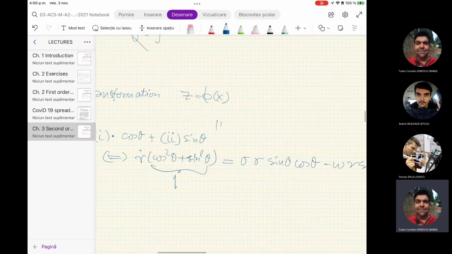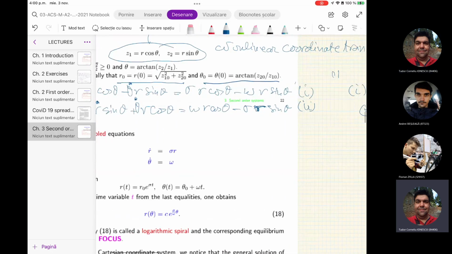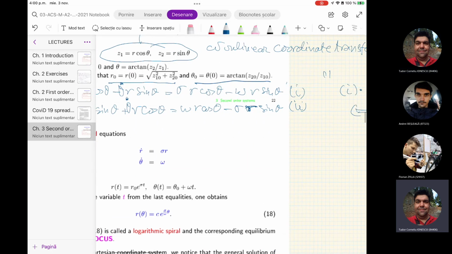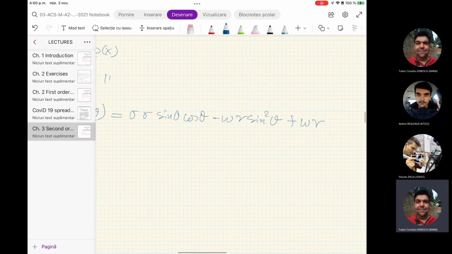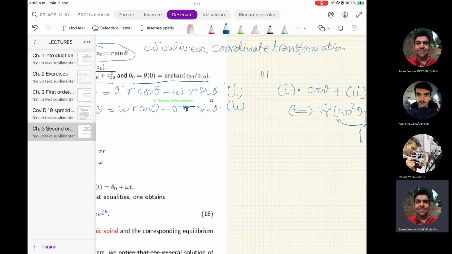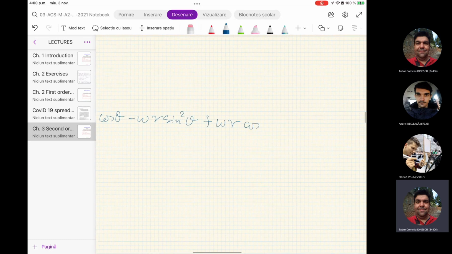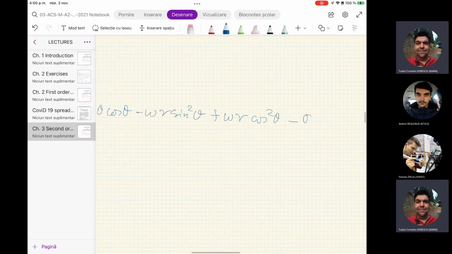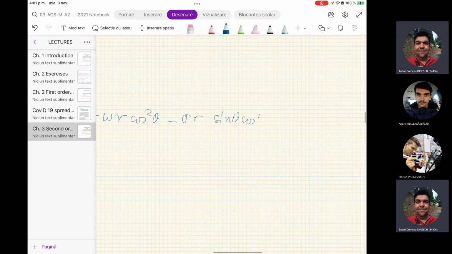Plus, because you have to add the second term, omega r cos squared theta minus sigma r sine theta cos theta.